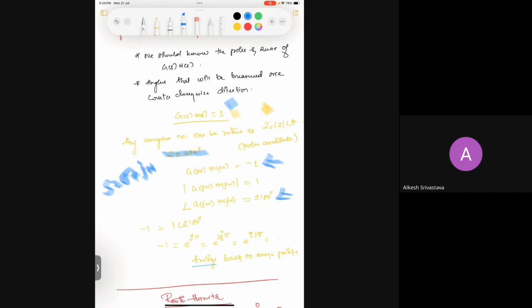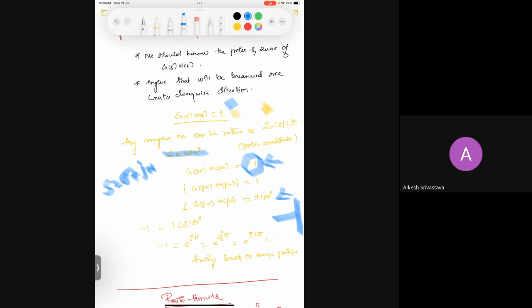So the modulus of G of j omega times H of j omega equals the modulus of minus 1, which is equal to 1. And if I find the angle criterion, for minus 1 you will see that for the angles minus 180 degrees, 3 into minus 180, 5 into minus 180, 7 into, so all the odd multiples will end up at the same point.